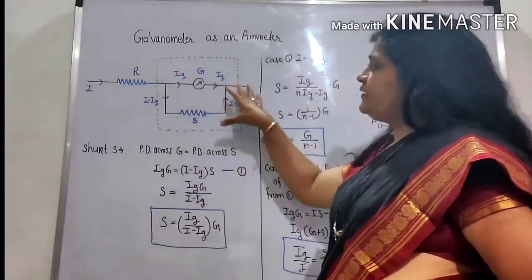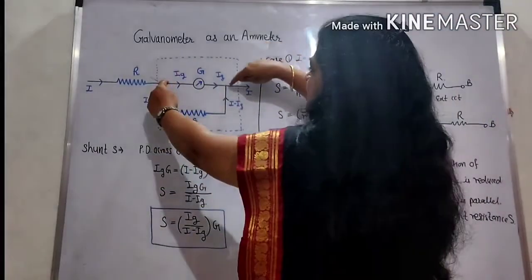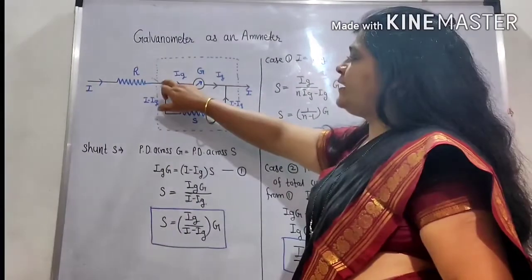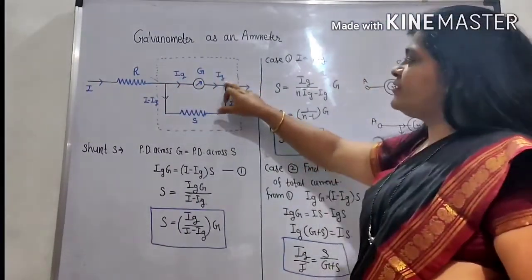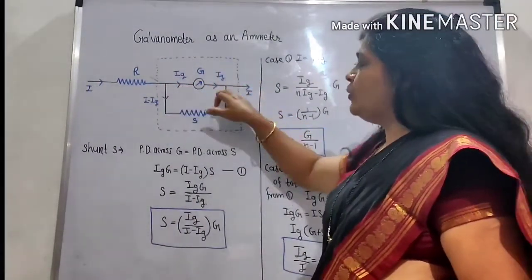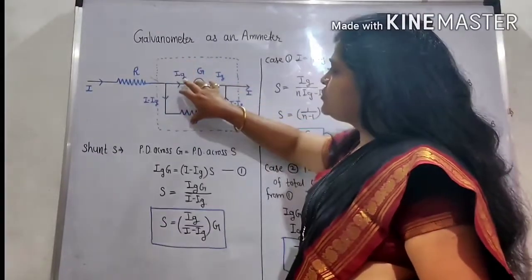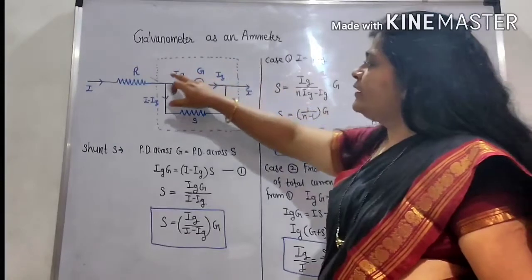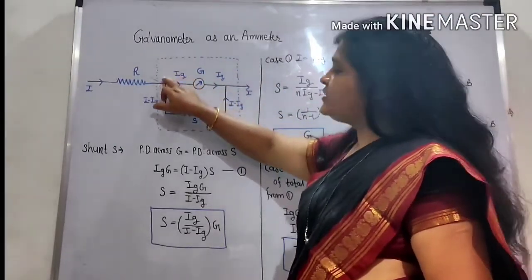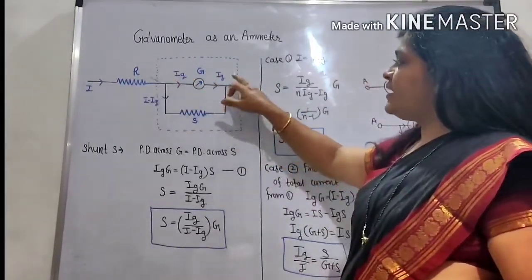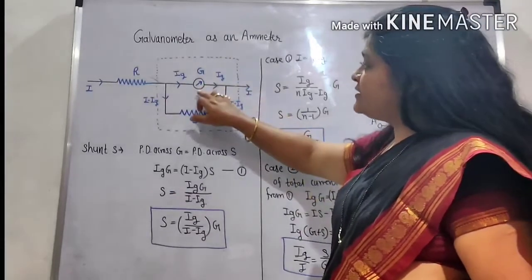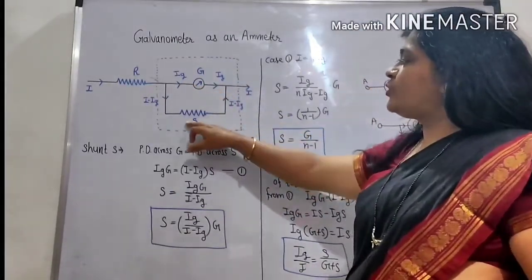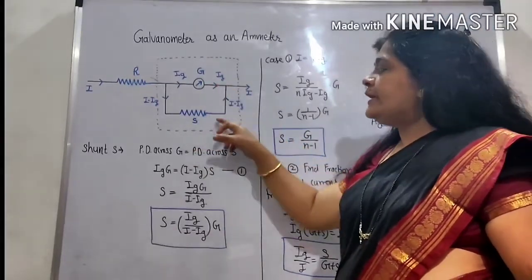Now in the diagram, these two terminals are joined together, so the potential difference at this point and at that point are equal. We can say that the potential difference across G and the potential difference across the shunt resistance are equal.